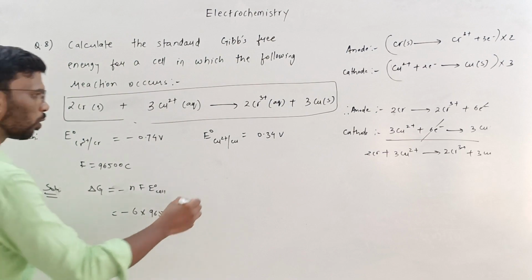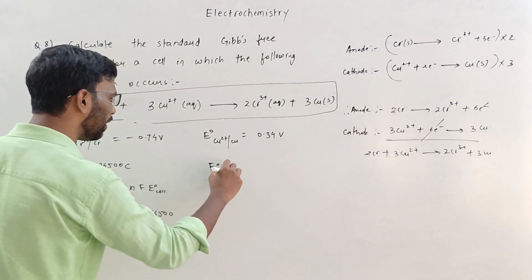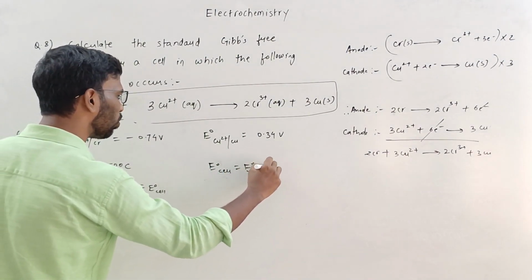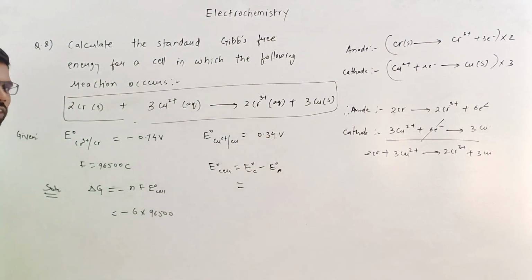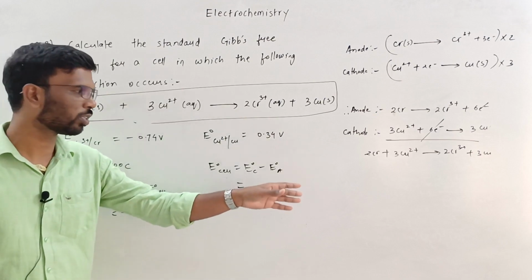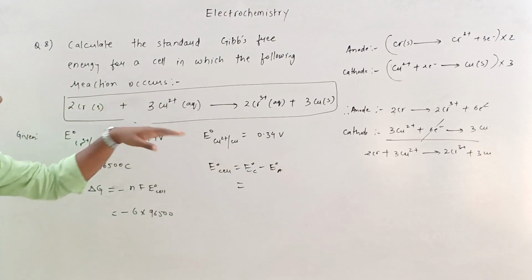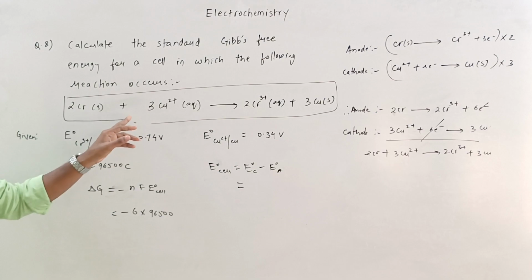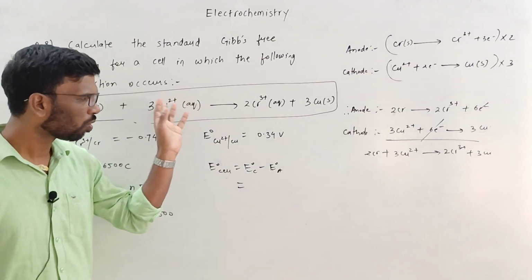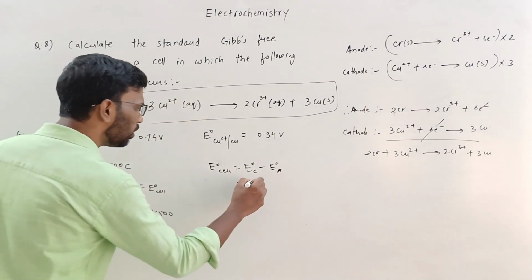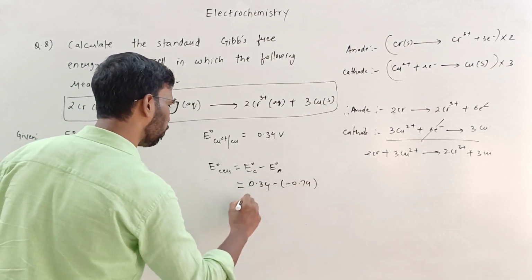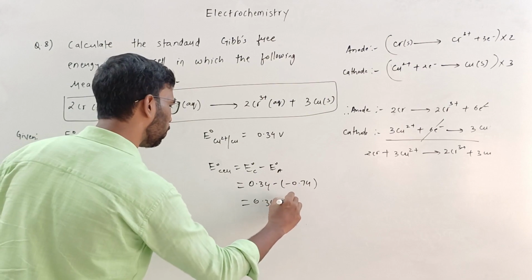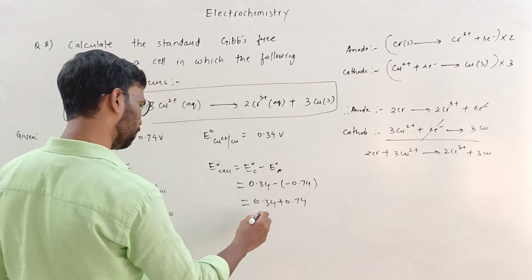So what is E naught cell? E naught cell is E naught cathode minus E naught anode. So what is the cathode? The one which has the higher reduction potential will undergo reduction. So that's why this is the cathode. Now from the reaction also we can say that reduction of copper is taking place, so copper is the cathode. So this is 0.34 minus of minus 0.74, that is 0.34 plus 0.74.